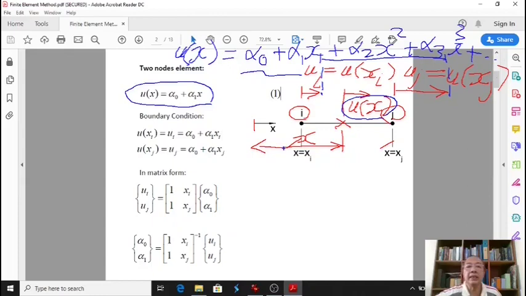For a 1D element with two nodes, this is a two noded element, we ignore the rest.